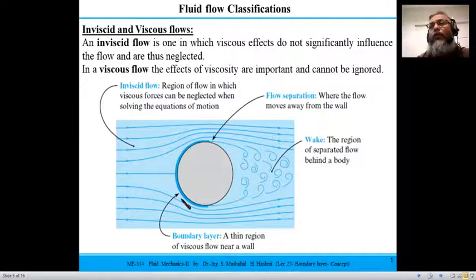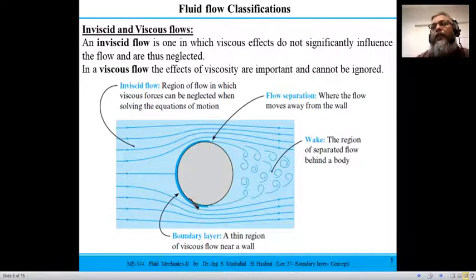In that region only. The region away from the boundary is called the inviscid region, in which viscous effects are not important, so we can apply potential flow theory to get the information about velocity in that region, or even away from that region as well. But close to the boundary, the region in which the viscous effects are dominant, that is the boundary layer.